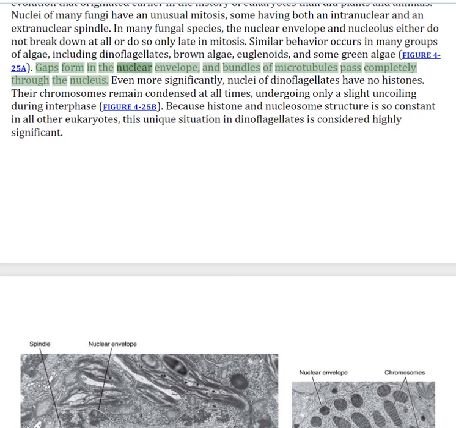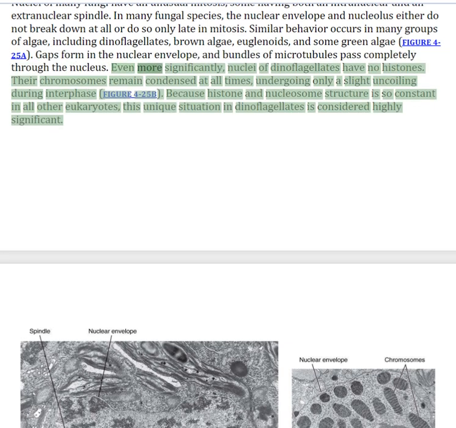Gaps form in the nuclear envelope, and bundles of microtubules pass completely through the nucleus. Even more significantly, nuclei of dinoflagellates have no histones. Their chromosomes remain condensed at all times, undergoing only a slight uncoiling during interphase. Because histone and nucleosome structure is so constant in all other eukaryotes, this unique situation in dinoflagellates is considered highly significant.